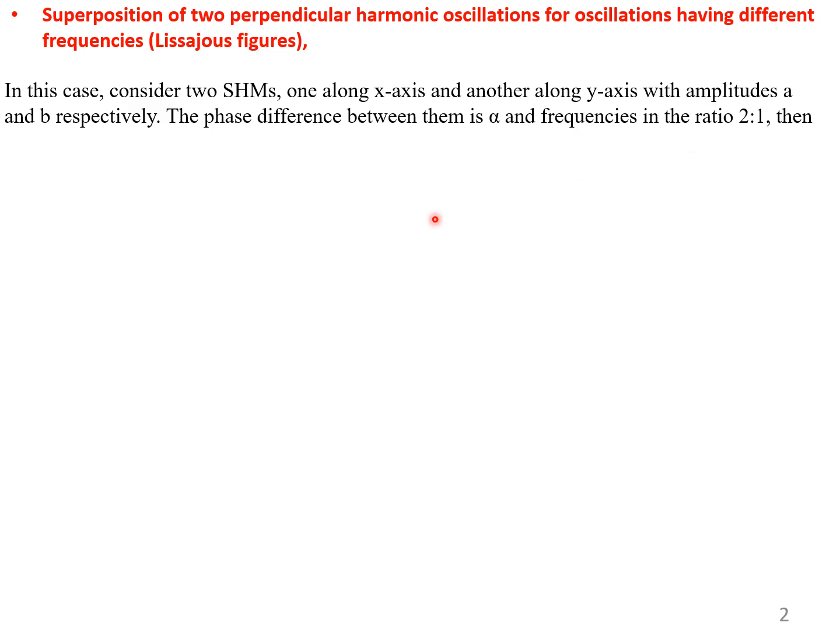Then the simple harmonic motion along the x-axis is, equation 1: x = a sin(2ωt + α), and along the y-axis, y = b sin ωt, equation 2.